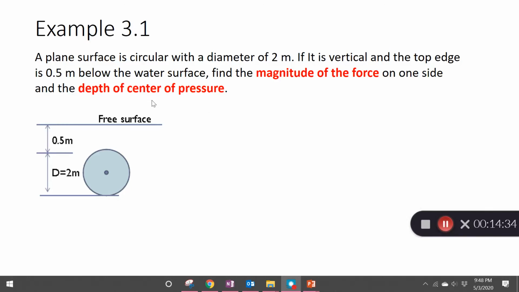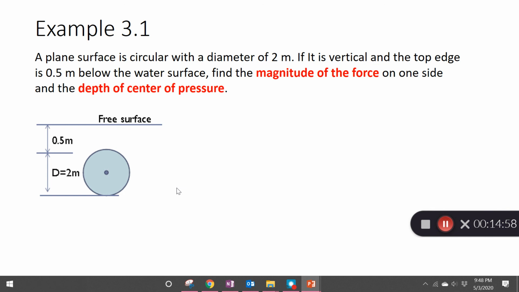Okay, the difference between this question and the explanation diagram before is that in this question, the plane is underwater, yes, and it has some depth of fluid level above it. So it doesn't reach the free surface. Okay, that's the difference. So we're going to see how that changes things.